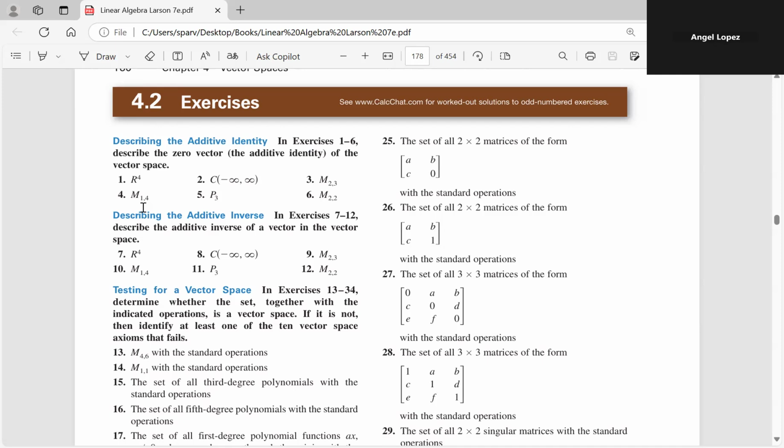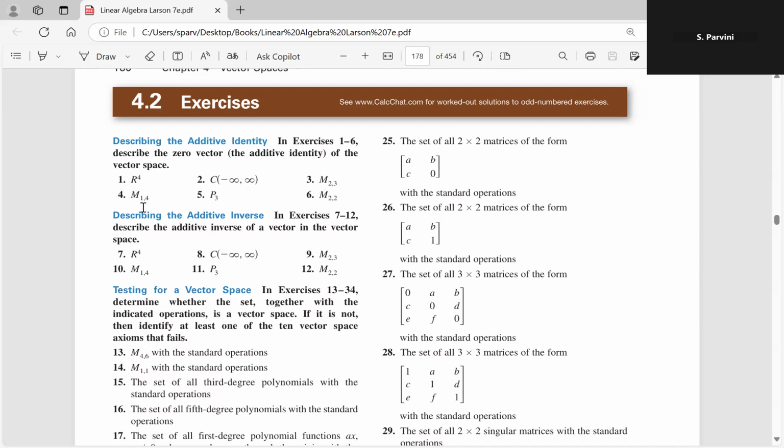Would it just be 4 zeros? You got it. Just a row matrix, 0, 0, 0, 0. That's going to be the setup, all 1 by 4 matrices. That's what the 0 looks like.